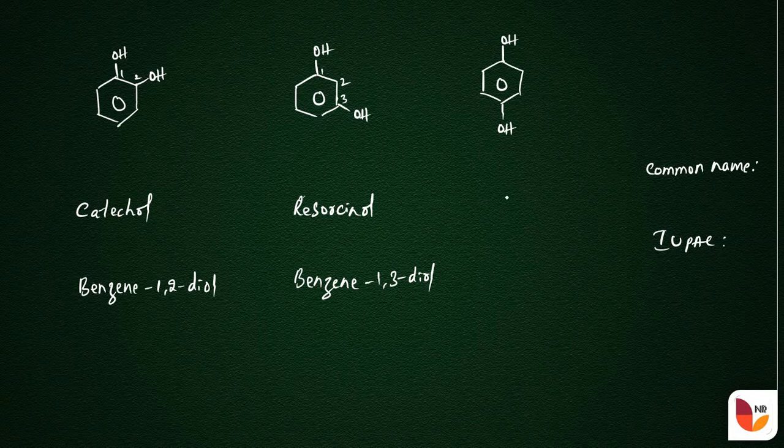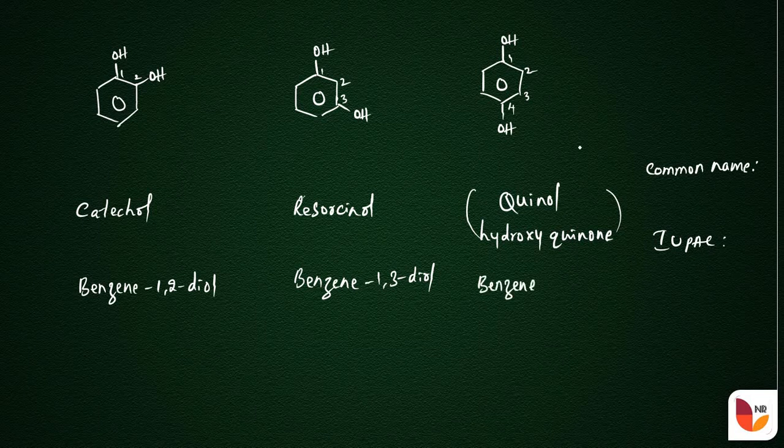So the molecule is to be called as quinol, or it is also to be called as hydroxyquinone. In the IUPAC system, the molecule is to be represented as benzene, and the presence of 2 hydroxyl groups are represented as 1, 4, and it is di-OL.